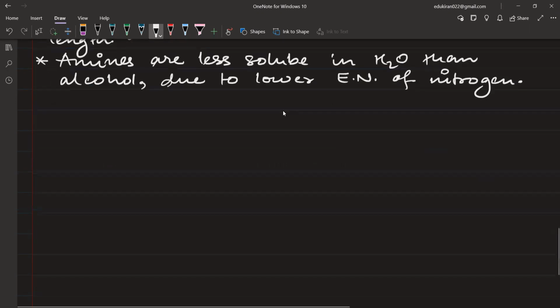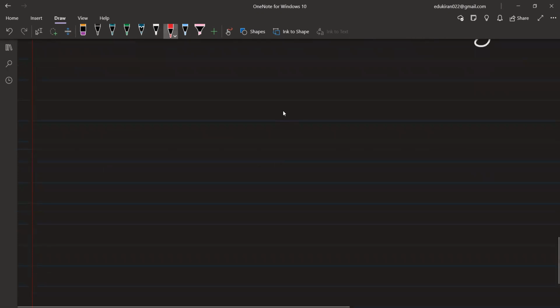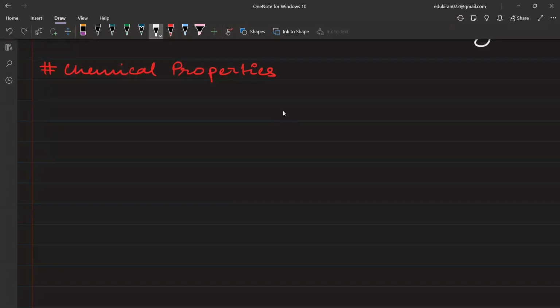Right, here, chemical properties. Now, in chemical properties, we'll look at the first chemical property, that is basicity or basic character.